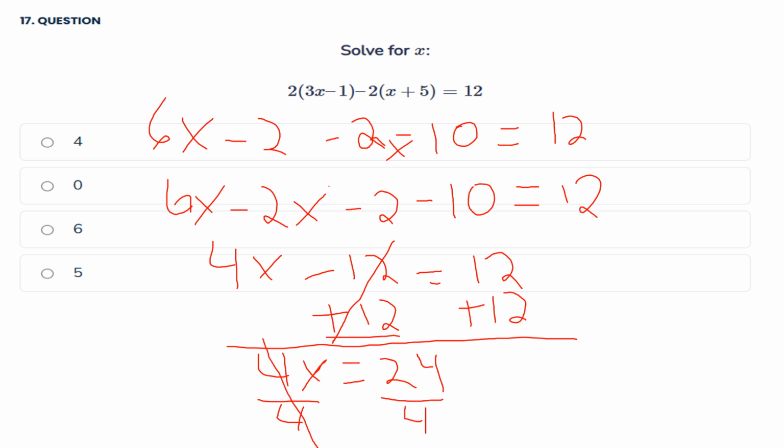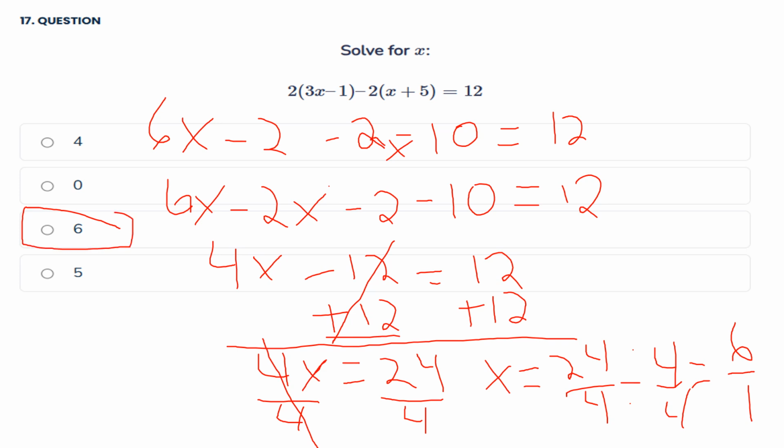Those 4's cancel out, so x equals 24 over 4. To simplify that, we can divide the numerator and the denominator by 4, and that gives us 6 over 1. So our answer is 6.